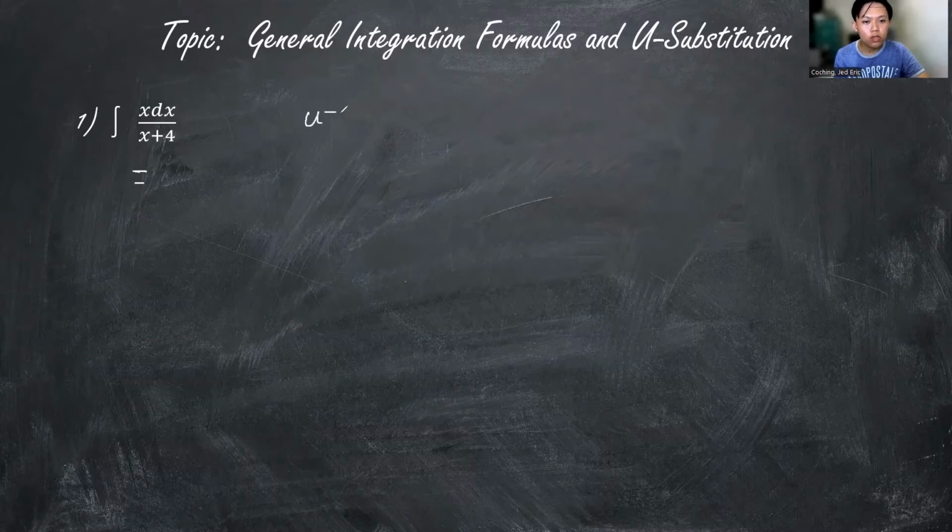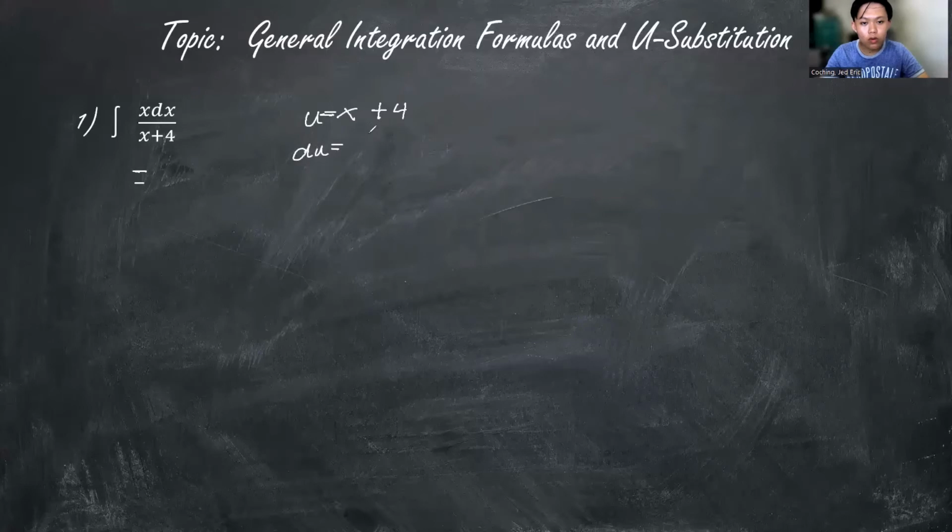So u is equal to x plus 4 and du is equal to dx.